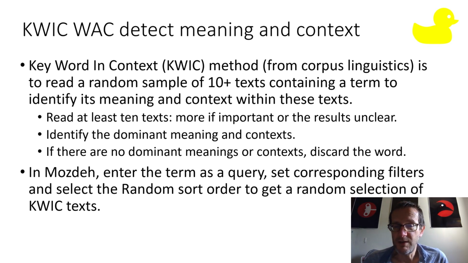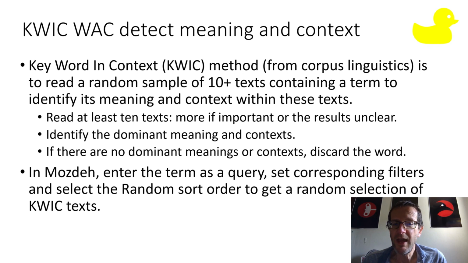We can use Mojday to help find the matching text. To apply the keyword in context method in Mojday, you would set the corresponding filters, enter the term you just found as a query, and select the random sort order option.